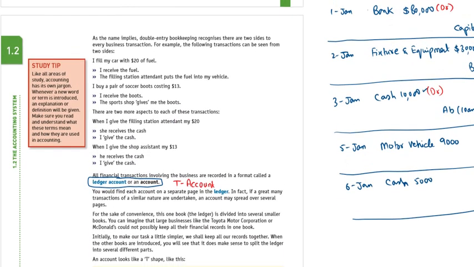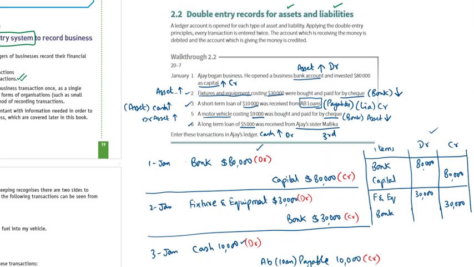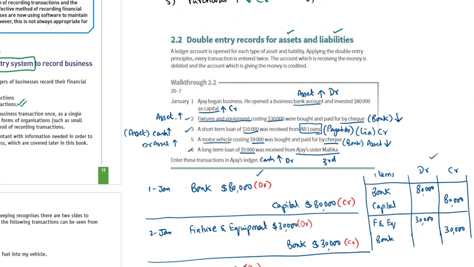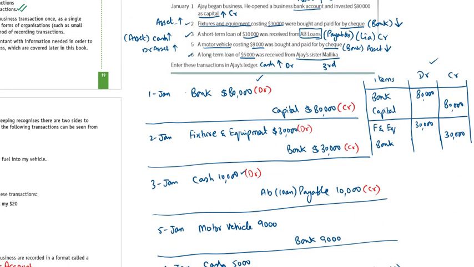And the recording of double entry: this is the first step, called business transaction. So from business transaction we'll record double entry. This double entry is also called journals.